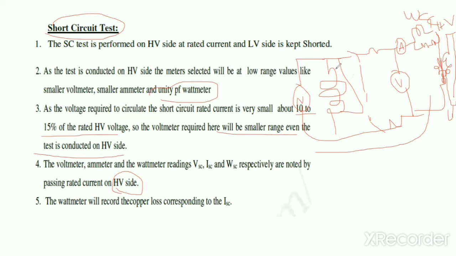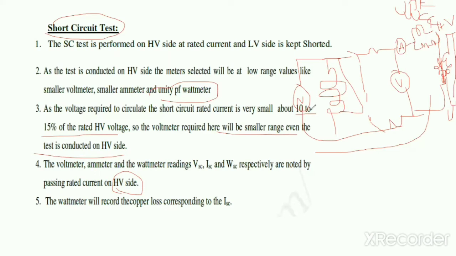All the equipment is connected on the HV side, and we use a unity power factor wattmeter, that is a UPF wattmeter.